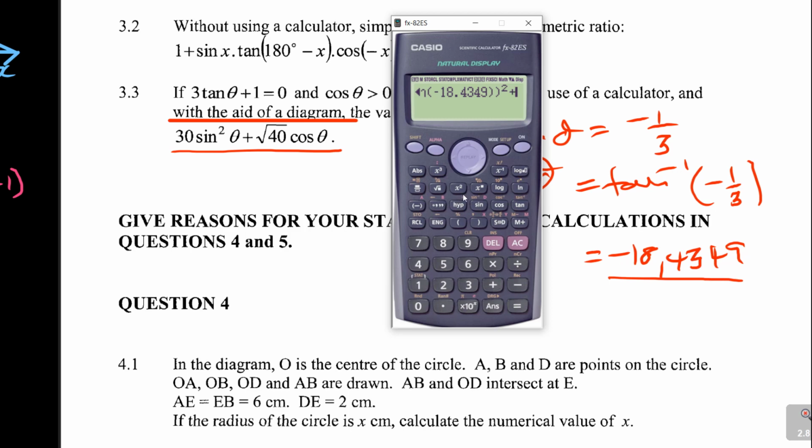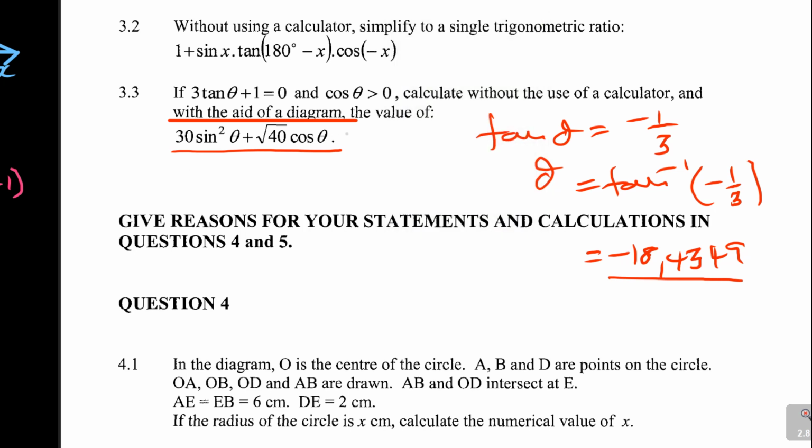And then it's plus square root of 40 times cos. Now my theta again is negative 18.4349. Then I can close that, equal to, see, I'm getting 8.99999, which is almost 9. So this is equal to 9. And that's the answer, guys, I got there.